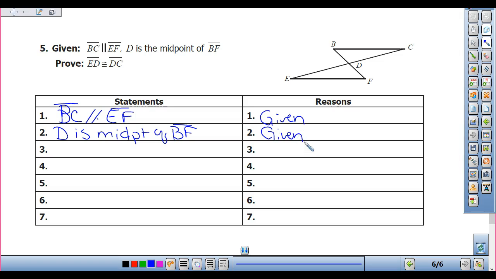Alright, where do you want to go from here? Definition of midpoint? Alright, so if we're going to use definition of a midpoint, it's the midpoint of BF, so we've got to split BF into 2. What are my 2 parts? BD is congruent to DF. The definition of the midpoint.